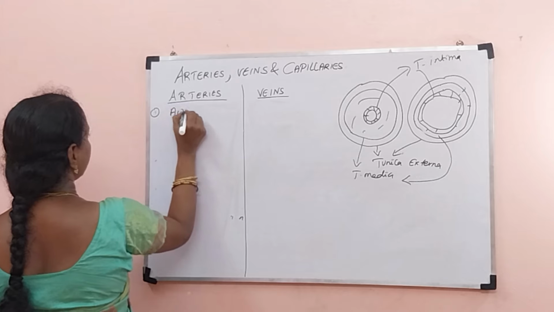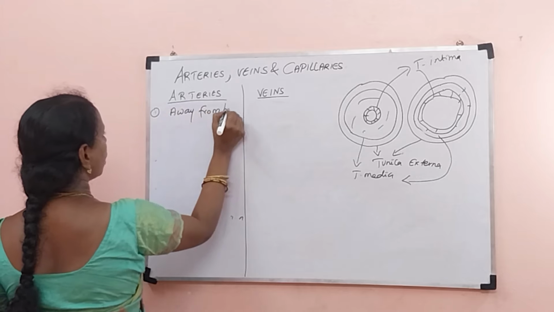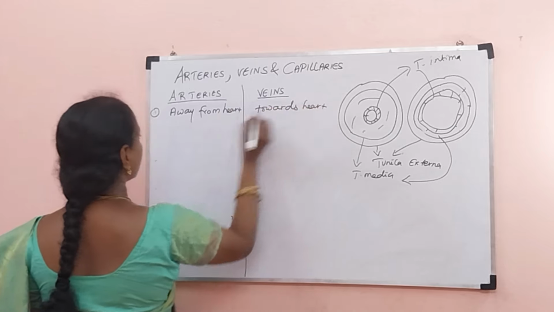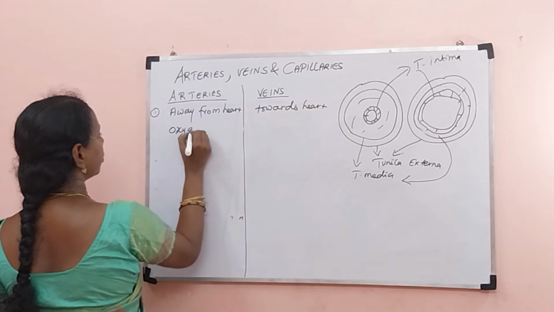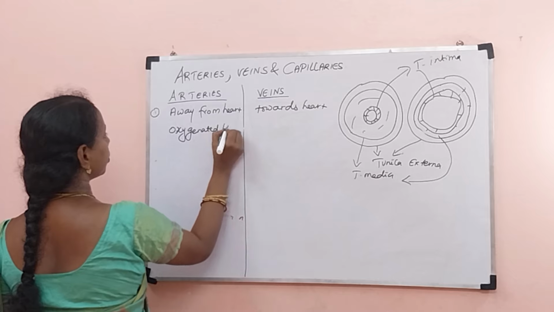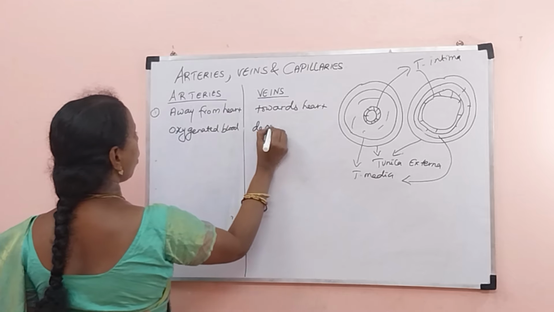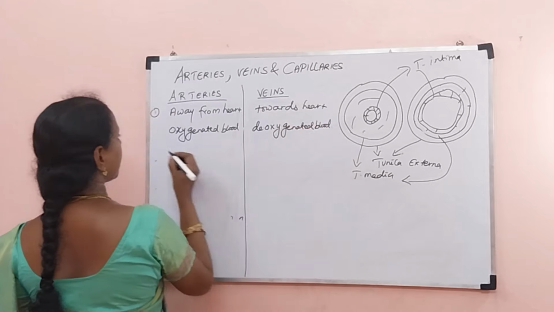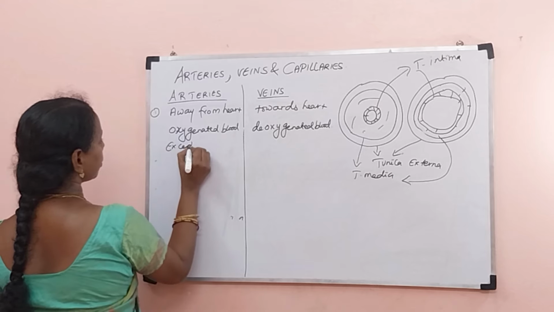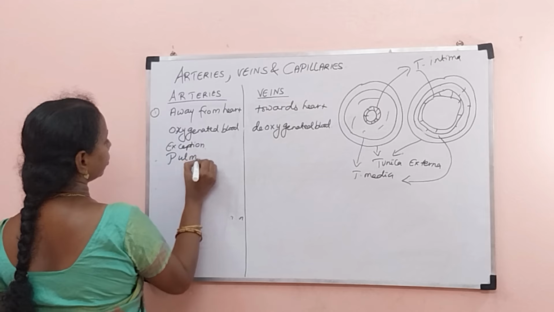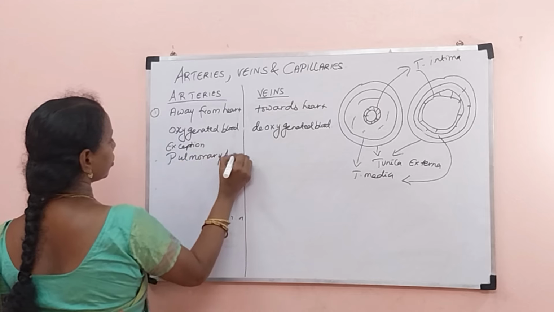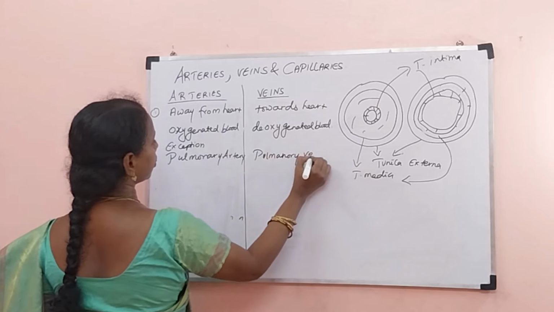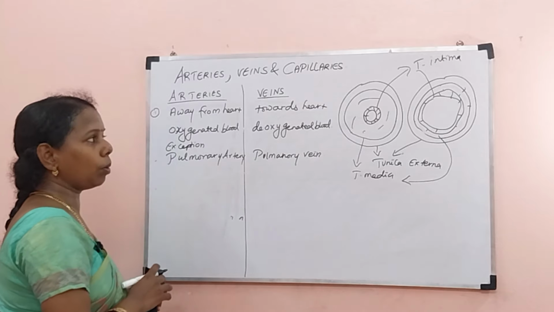Arteries carry blood away from the heart, and veins carry it towards the heart. Arteries carry oxygenated blood; veins carry deoxygenated blood. The exception is the pulmonary artery here and the pulmonary vein here. Of course, in the fetus I told you, the umbilical artery.